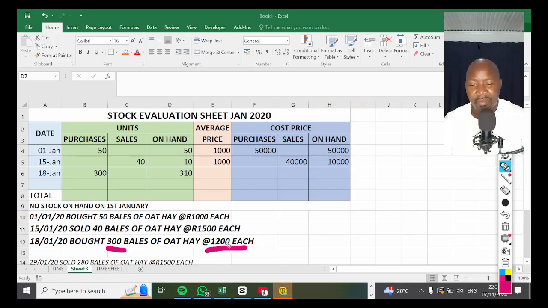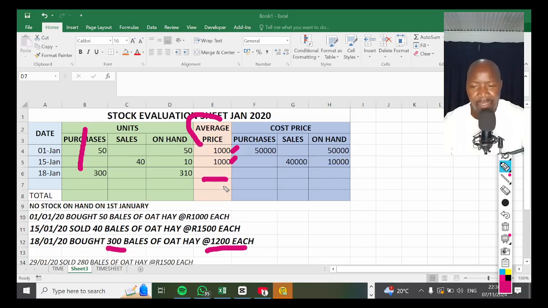Cost price is something that you're interested in, because it is now going to change the cost price of the warehouse, because we are averaging. We've been coming with 1,000, now we've got 1,200. So when you do the weighted average method, every time you buy, you have to average the price.